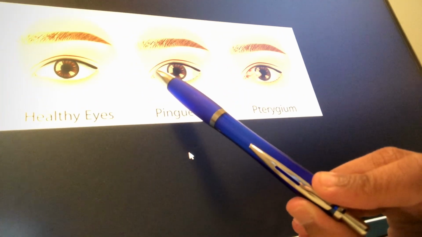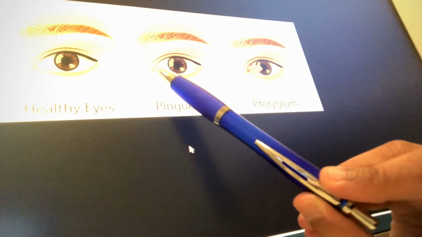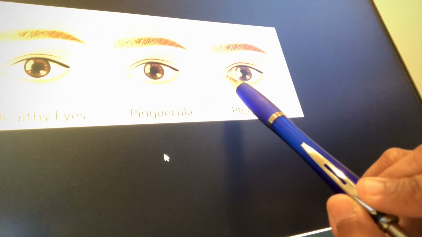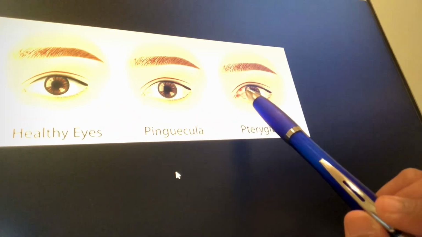This is the pinguecula that I talk about in the exam room a whole lot, and this is the pterygium that I talk about in the exam room a whole lot. And at this stage, I can tell you more about what to do. I always tell my patients, you need UV protection. That's when I talk about sunglasses a whole lot.